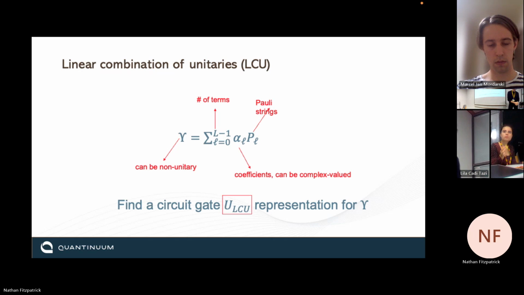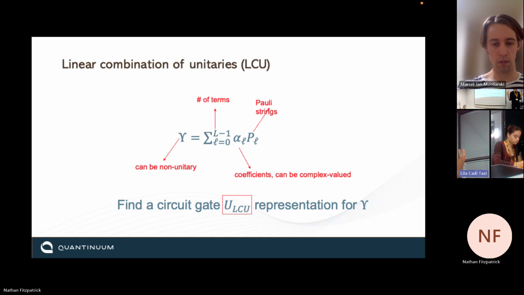Okay, so the typical example, you've probably seen some of this before, but I think it's important because it's very central to the topic. Linear combination of unitaries is probably the most natural way to block encode chemistry Hamiltonians. There are other ways, so there's some work recently with sparse matrix block encoding, things like that, where we're just directly inputting the matrix.